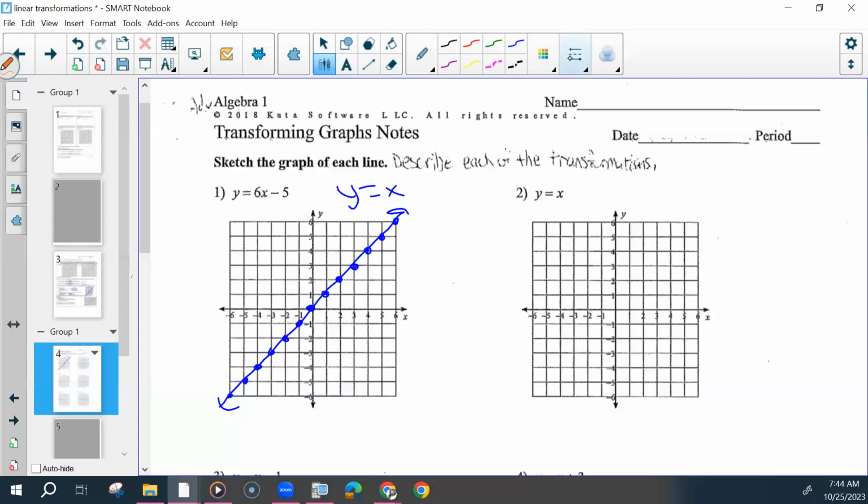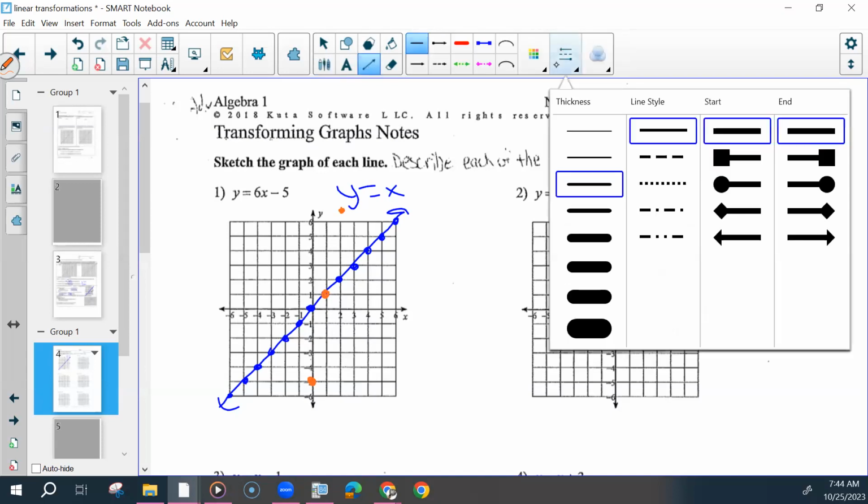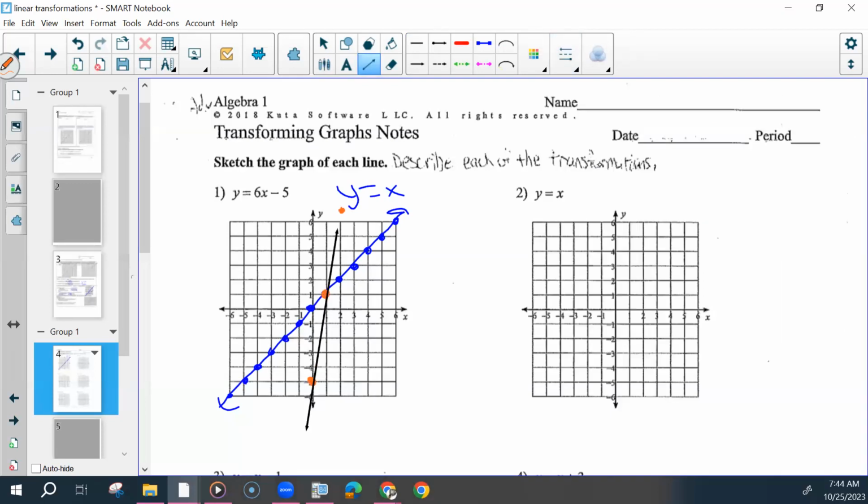So for this one, if I were to graph it, it has a y-intercept at -5, slope of 6, so I could go up 6, to the right 1. If I did it again, I'd be off the graph, but that's okay. Something like that.